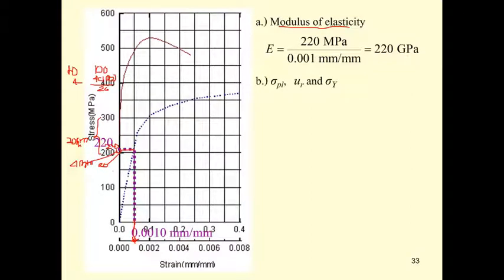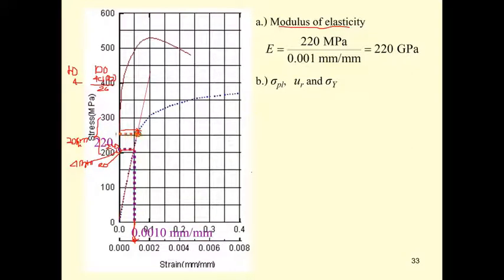And next, for the proportional limit, you put the ruler along the straight line here, and then you mark the line, and where the straight line separates from the curve, you are going to get the proportional stress.